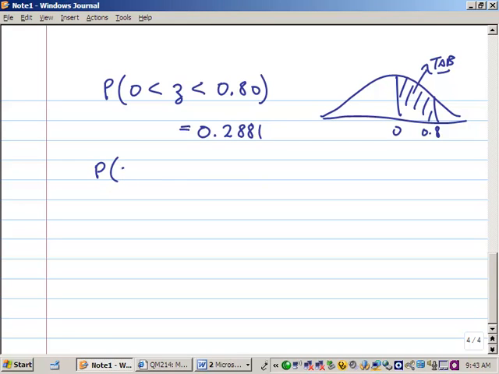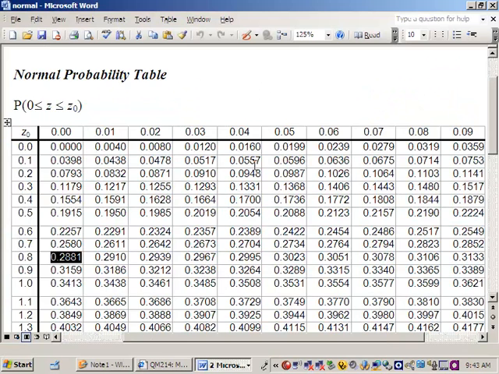Let's say that we wanted to find the probability of getting z between 0 and 0.86. It's a little bit further, it's going to be out here, so the probability is going to be larger. Again, we can look that up from our tables. It's not going to be this value.